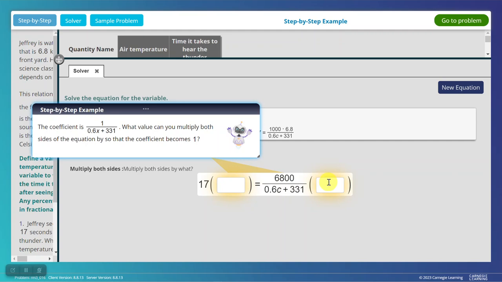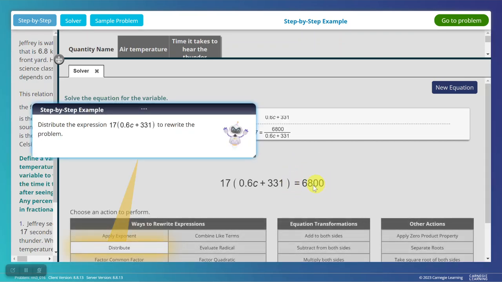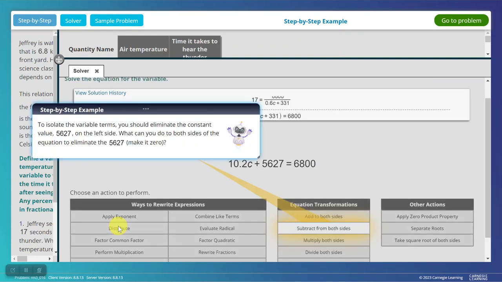Okay, so to get that denominator out of there, we're going to do 0.6C plus 331. That'll cancel it on the right, leaving us with just 6,800, which was 1,000 times 6.8. Let's distribute. Thank you, magic distribution thing.